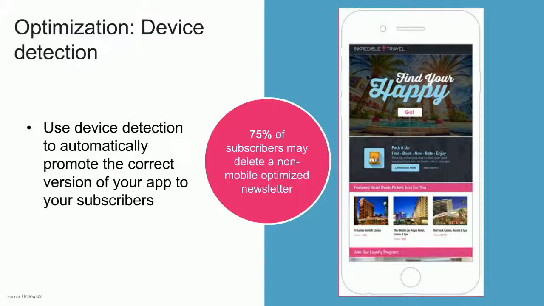So thinking about where users are opening this email. Will they be on their mobile device or will they be on desktop? And then adjusting the template accordingly so that if they are opening on their mobile device and you want to drive an app download, maybe include a banner for them to click through on their mobile device, or just different ways to optimize that layout depending on what device they're on.